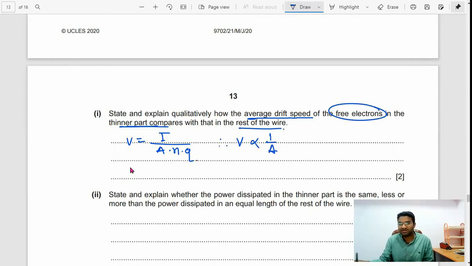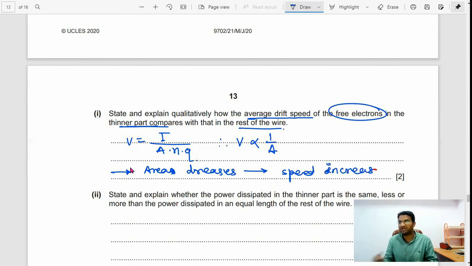So you can simply add like this one: as area increases, drift speed decreases. Okay, and as area decreases, velocity, average drift speed increases.